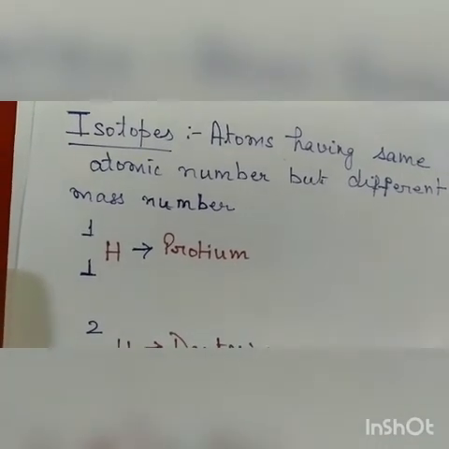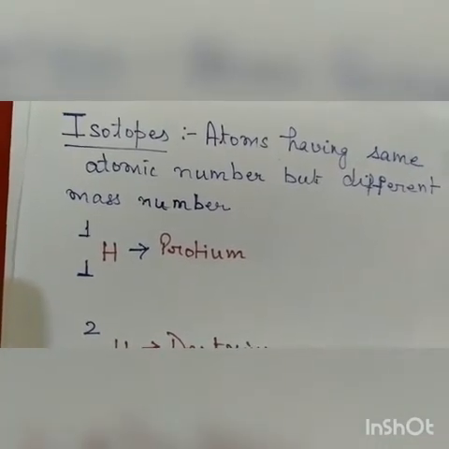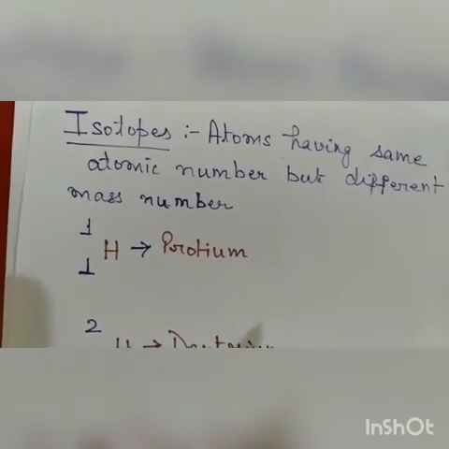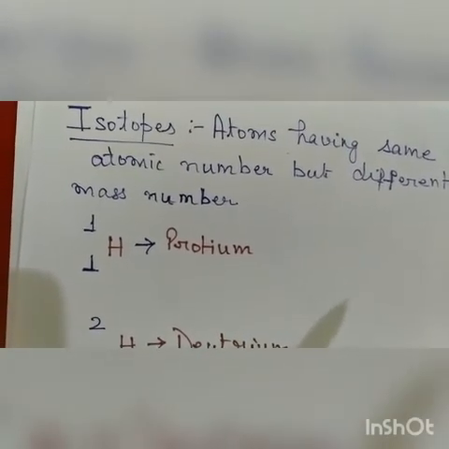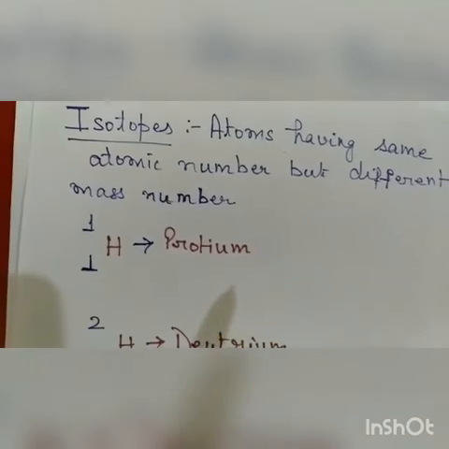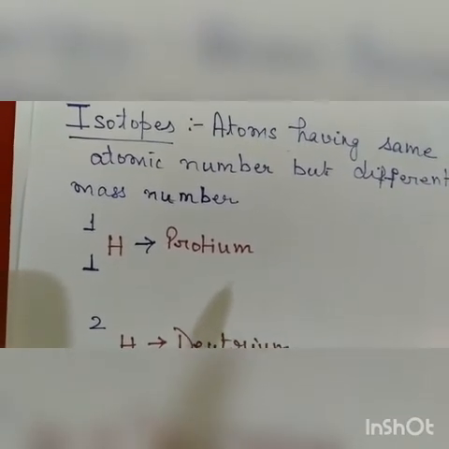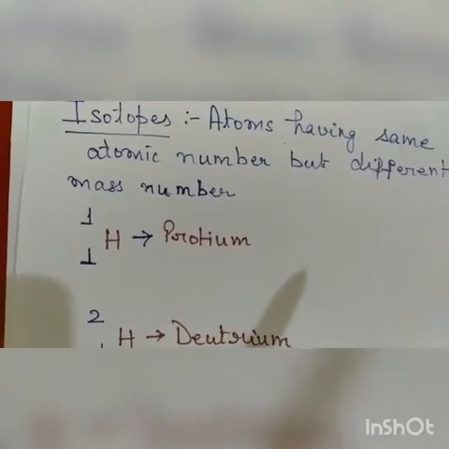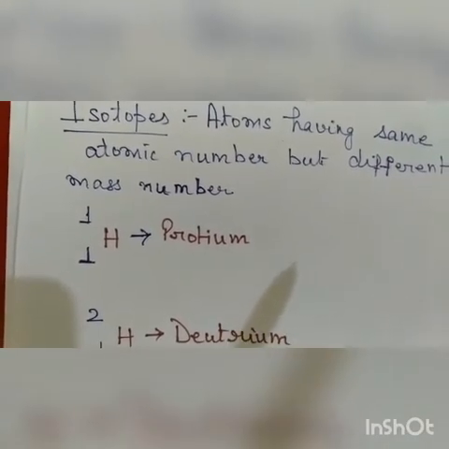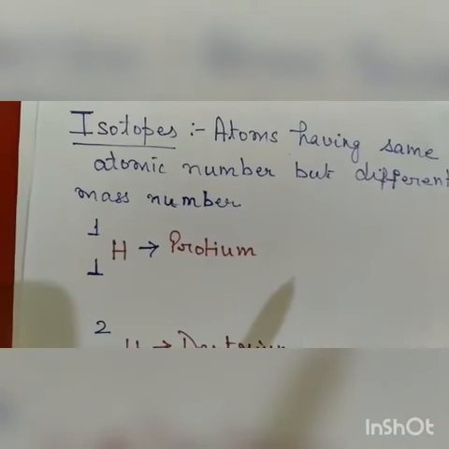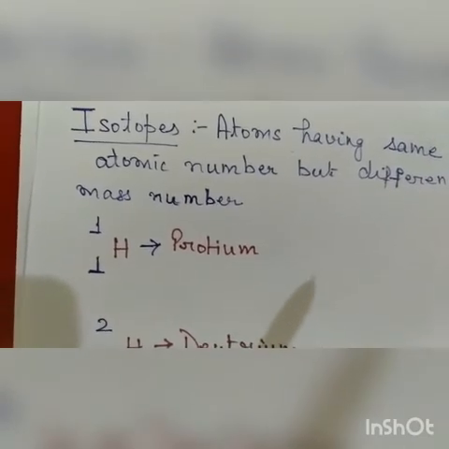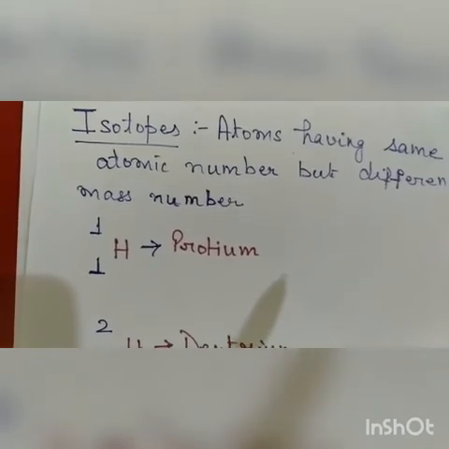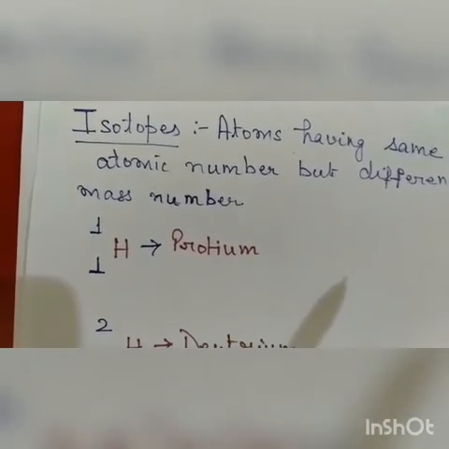I hope it's clear. Isotopes have the same chemical properties but different physical properties. So once again, what are isotopes? Most elements have more than one type of atom, with the same atomic number but different mass number, and the difference in mass number is due to the difference in the number of neutrons.